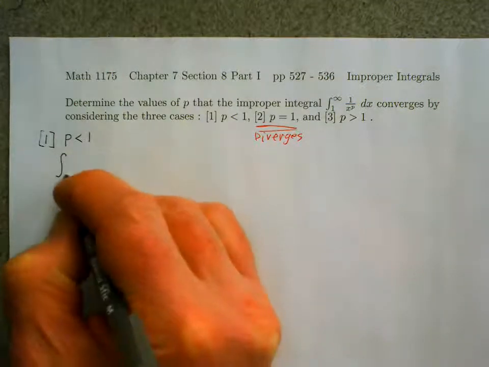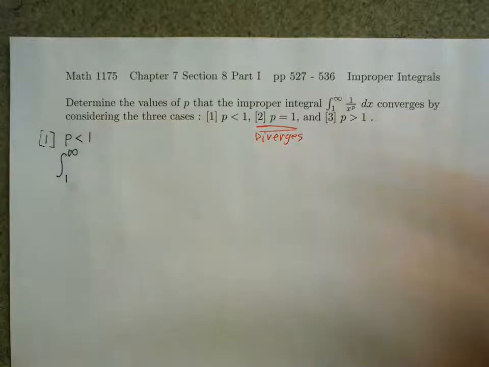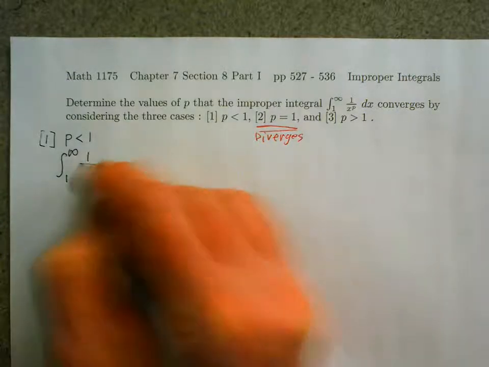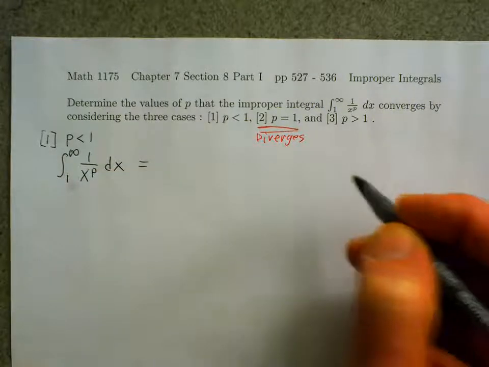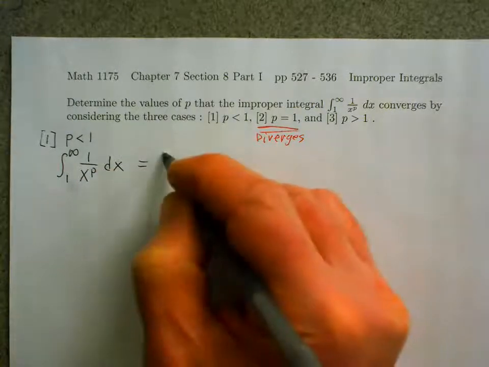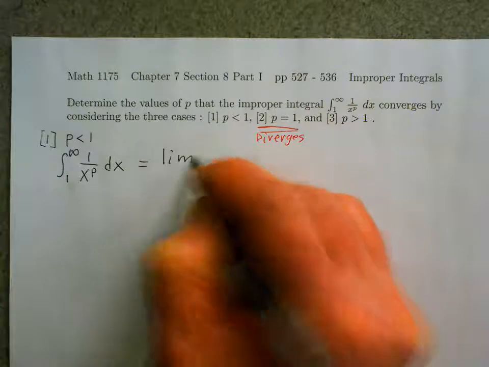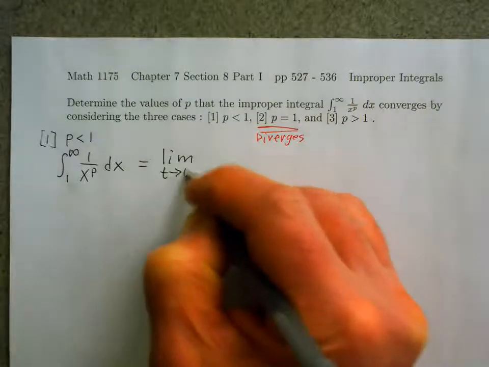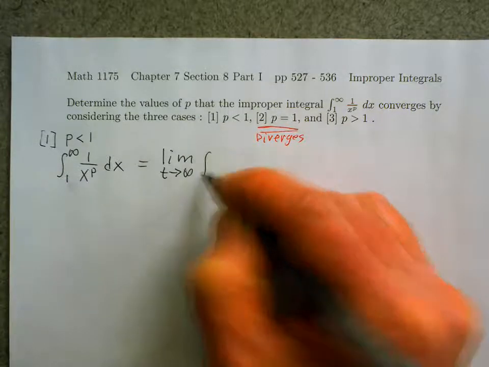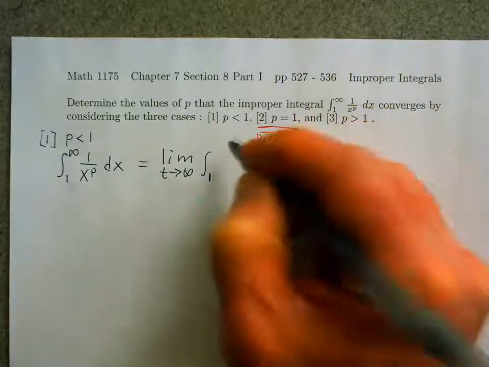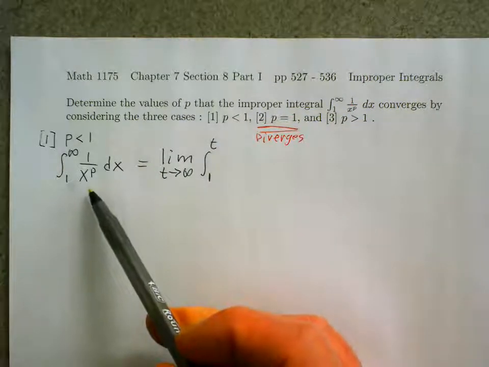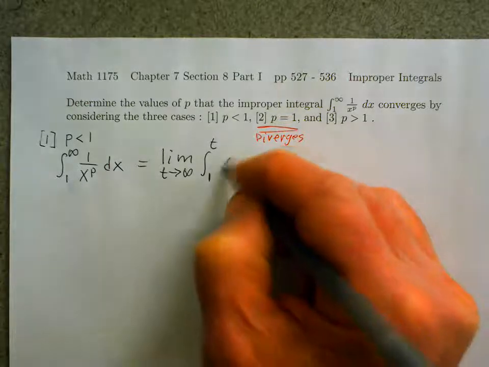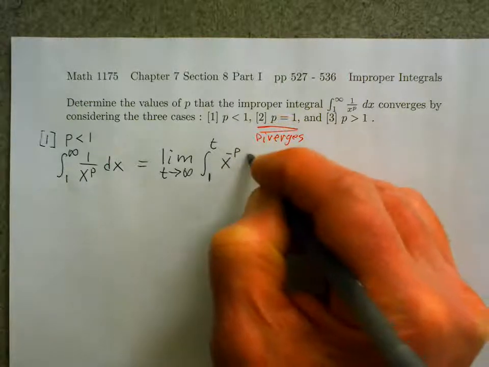So the improper integral from 1 to infinity of 1 over x to the p dx. We write this as a limit as t approaches infinity of the definite integral from 1 to t, and I'm going to rewrite 1 over x to the p as x to the negative p dx.